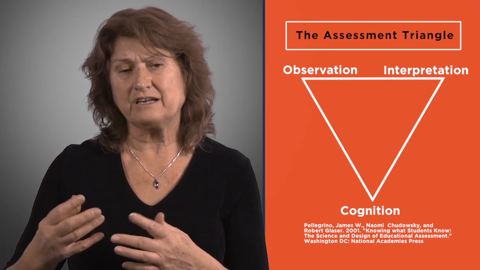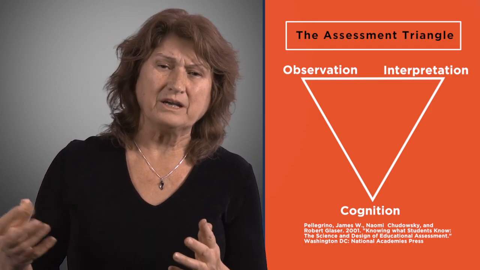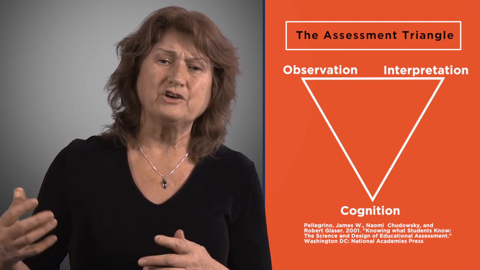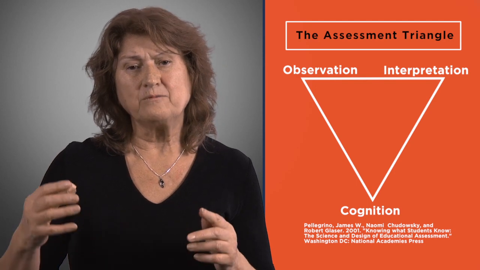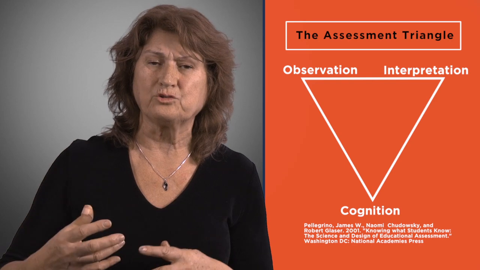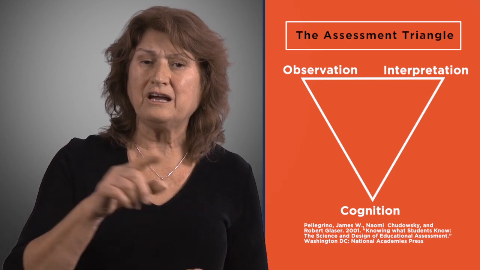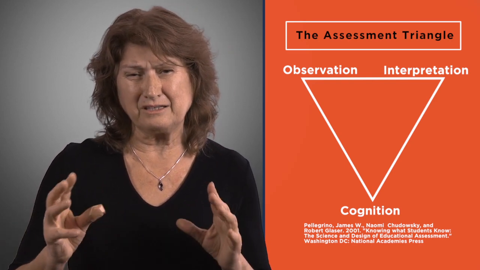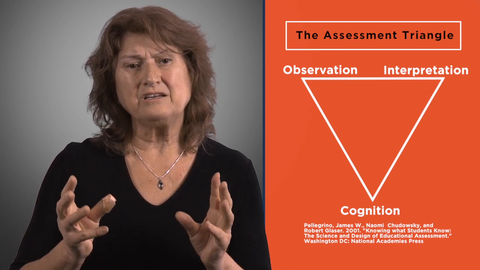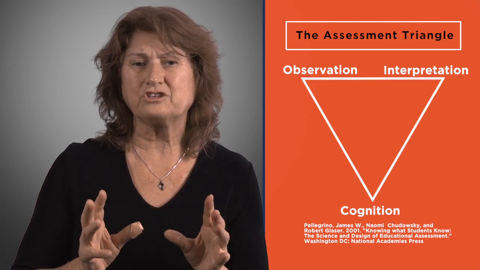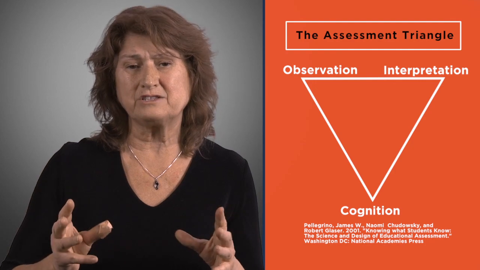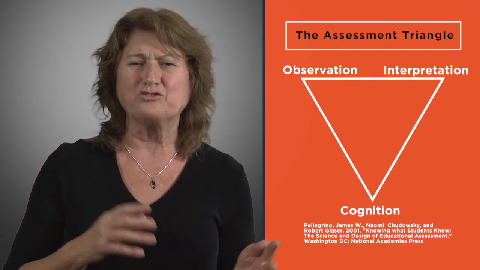And of course that creates a number of different ways in which you try to maximize the manner in which that interpretation links you back to cognition. The three are all related, of course, and part of the assessment triangle involves this triangulation of those three elements in a good assessment tool, or an assessment tool that provides what Bill said, validity and reliability.